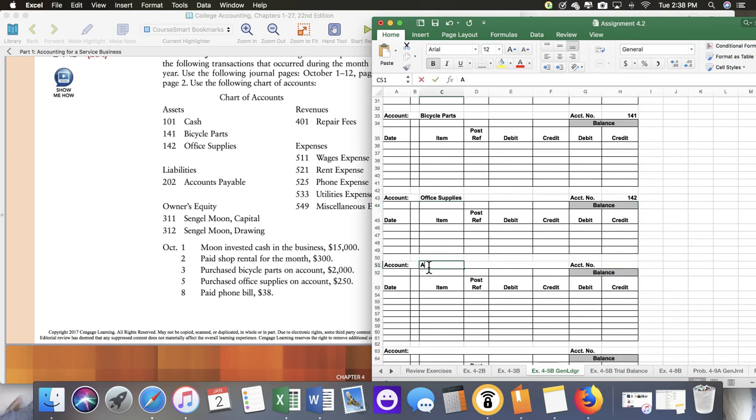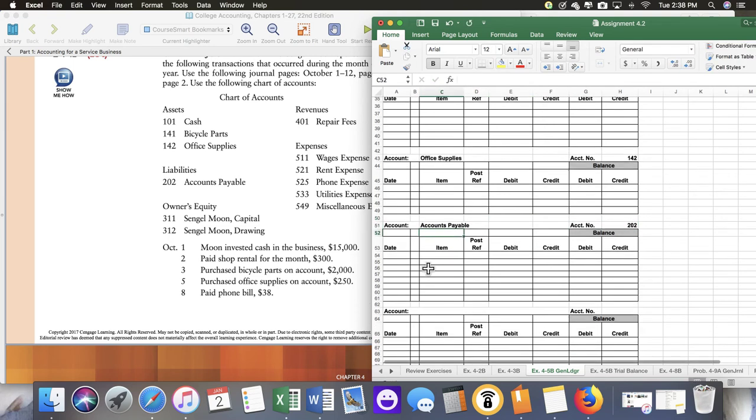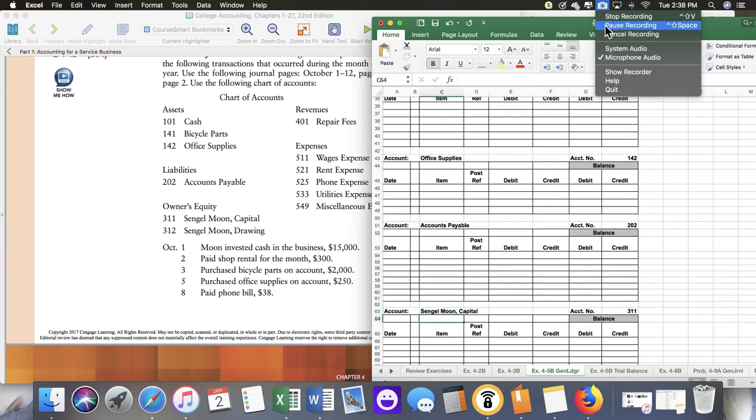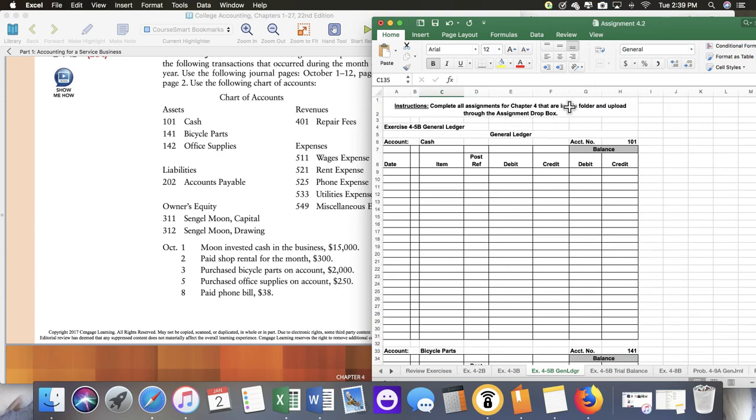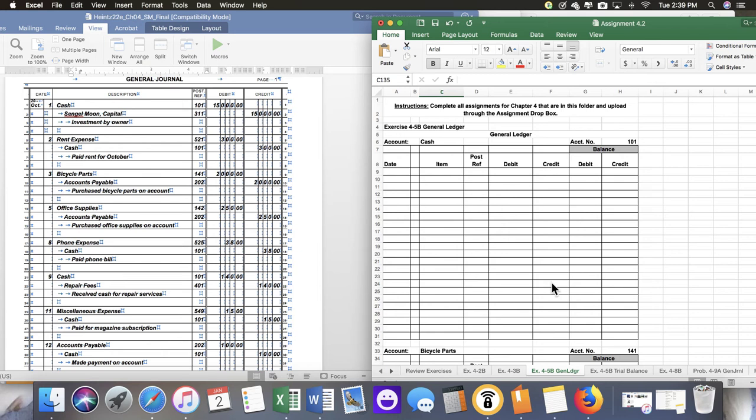I'm going to go through a couple more with you, and then I'm going to pause it and finish filling this out so that we're ready to go. Okay, now that I have the general ledger filled out, we can go back to the journal.